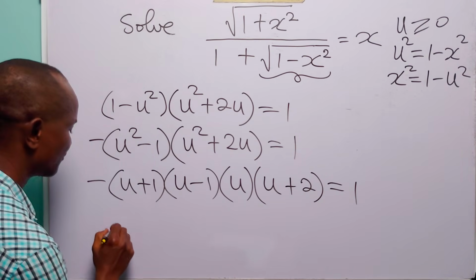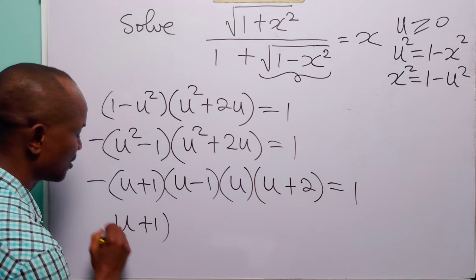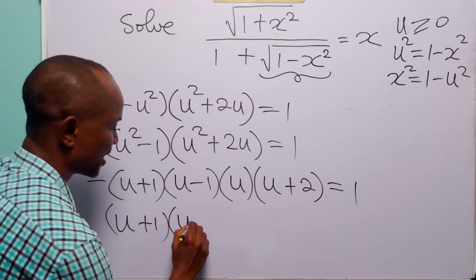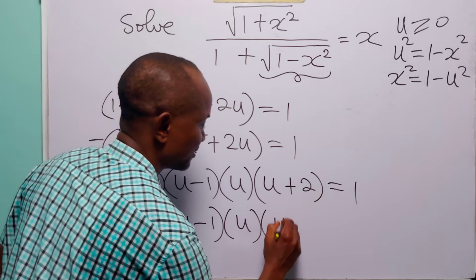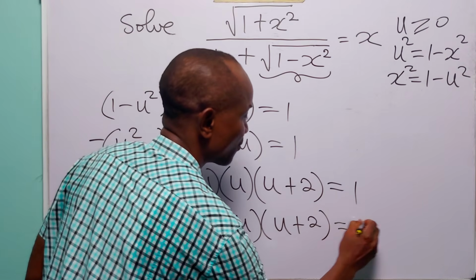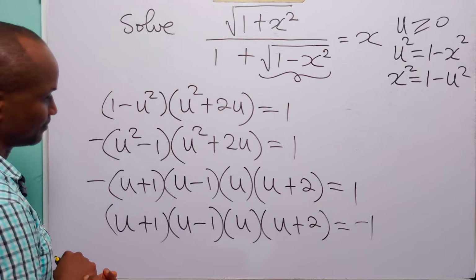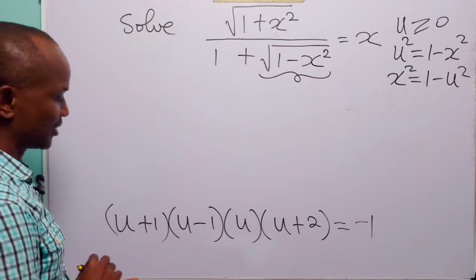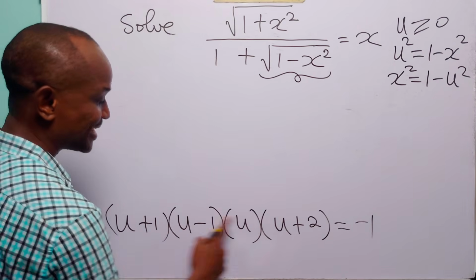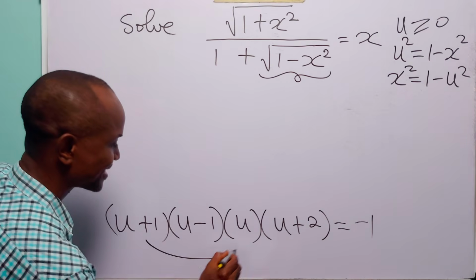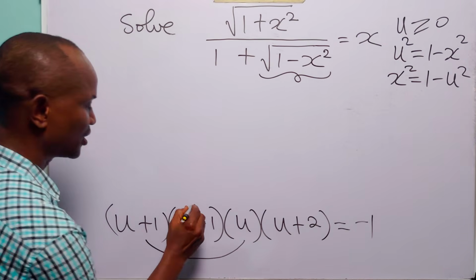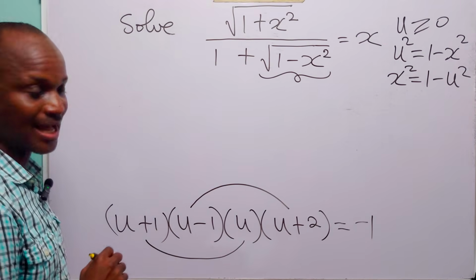When we do that, we have u plus 1 multiplied by u minus 1 multiplied by u plus 2 is equal to minus 1. Now, the next thing we are going to do is that we will multiply these brackets in pairs.